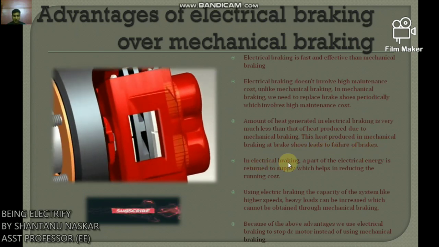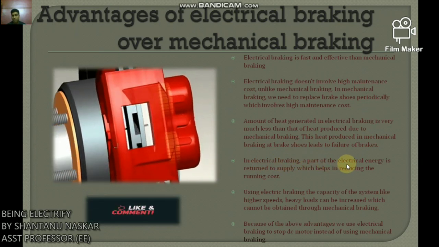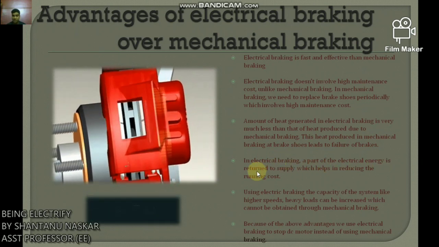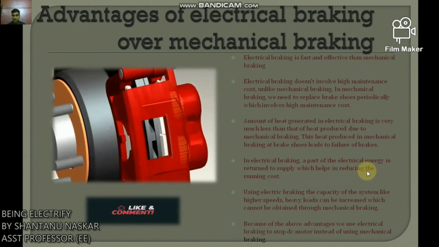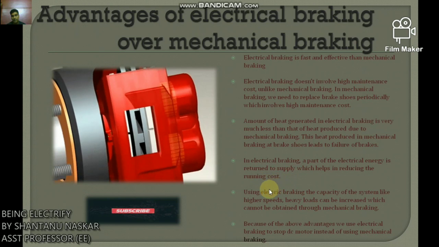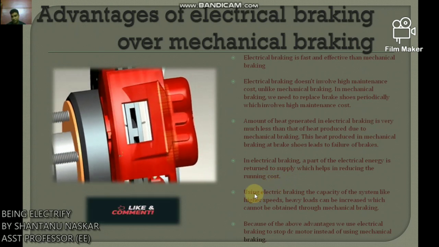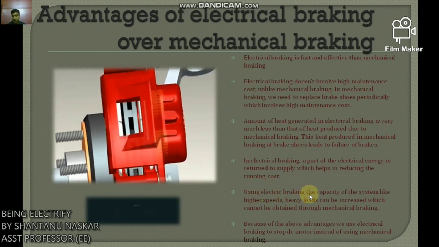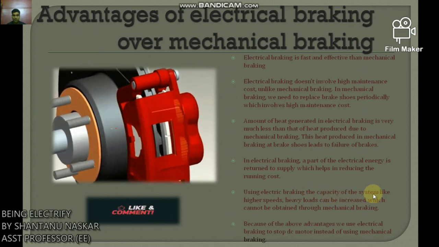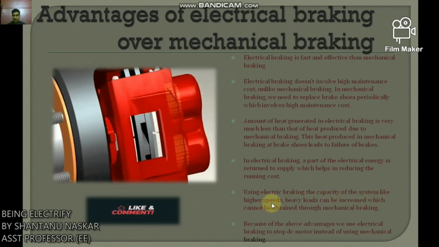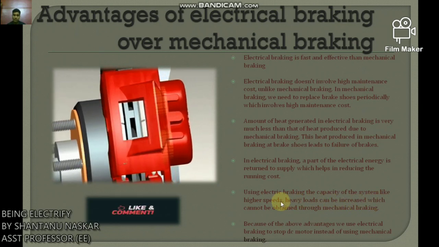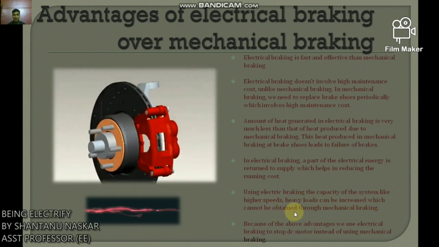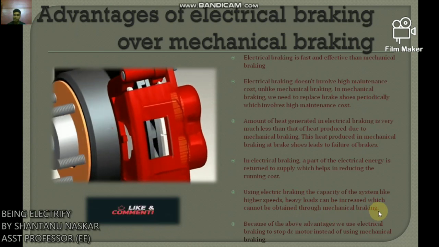In electrical braking, a part of electrical energy is returned to supply, which helps in reducing the running cost. Then, using electric braking, the capacity of the system, like higher speed and heavy loads, can be increased, which cannot be obtained through mechanical braking.